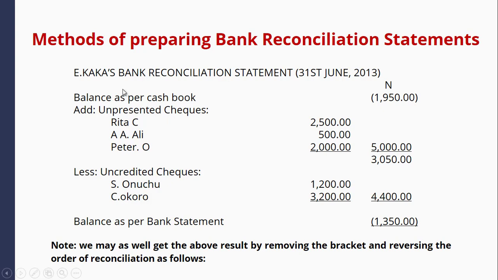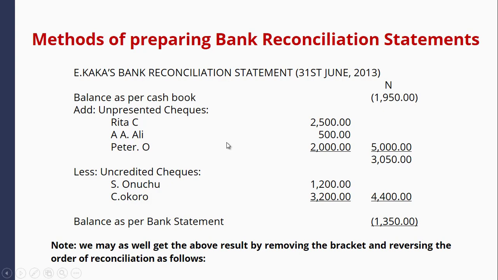As you can see, bank reconciliation statement for Kaka, the balance as per adjusted cash book overdrawn is 1,950. Normally, if you are starting with an overdraft balance, what should be added before, Rita C, AA Ali, and Peter O normally would have been deducted.